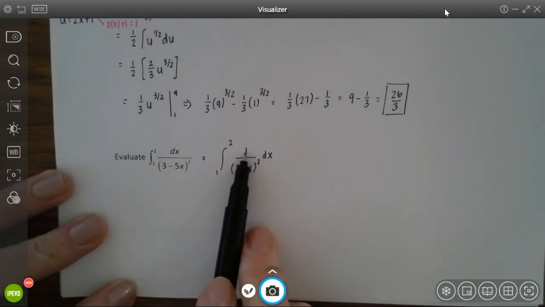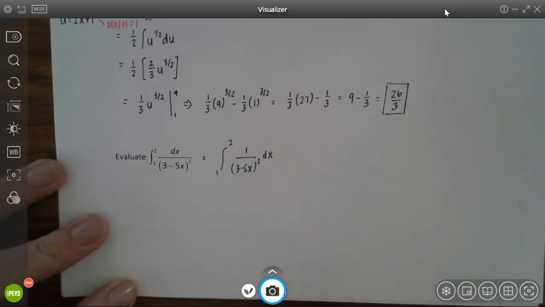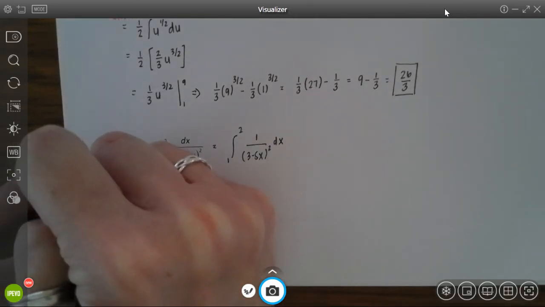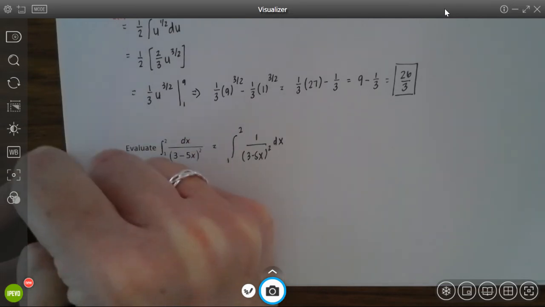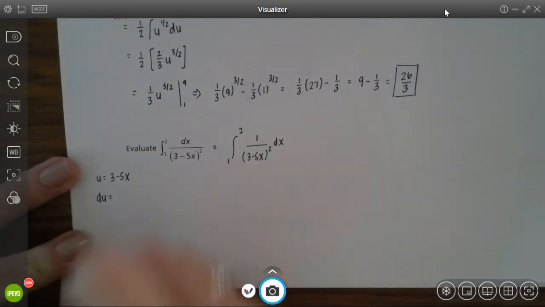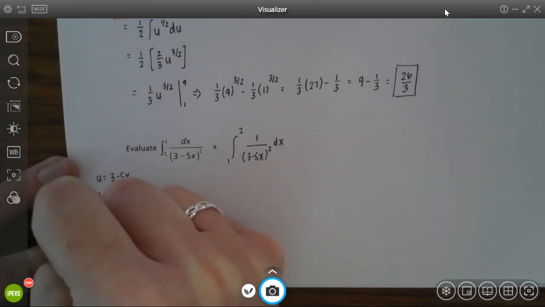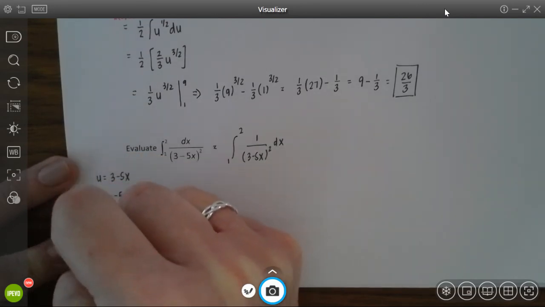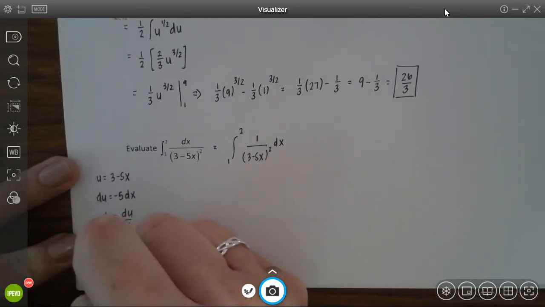So you can write the dx in the numerator, or you could also write it with your fraction bar. Again, using u substitution, I'm going to call u my 3 minus 5x. I'm going to call my du negative 5 dx, which gives me dx equal to du over negative 5, or dx equal to negative 1/5 du.